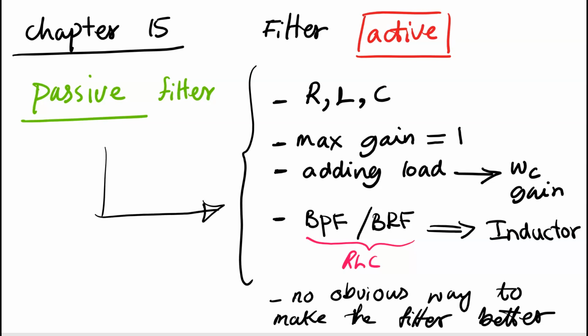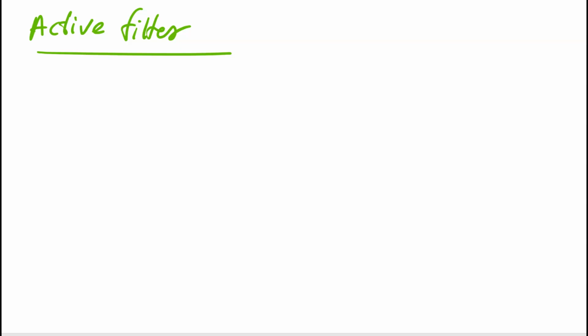Now let's see what are the characteristics of active filter. An active filter has active element. So the first feature is that it includes active elements such as op-amp. Now you might ask why we call op-amp an active element. The reason is that it has external power supply.